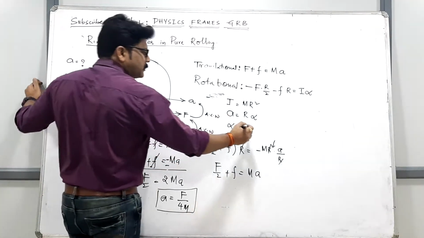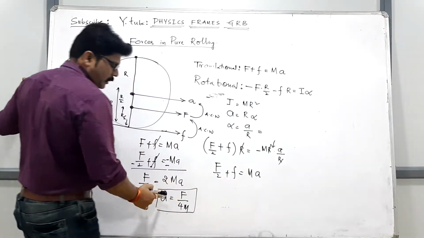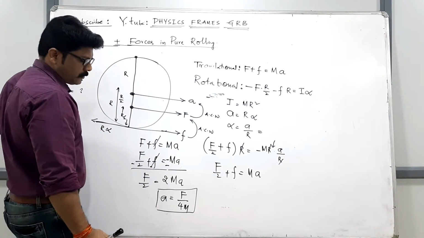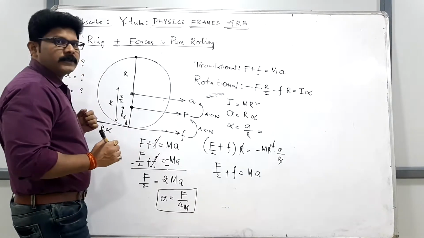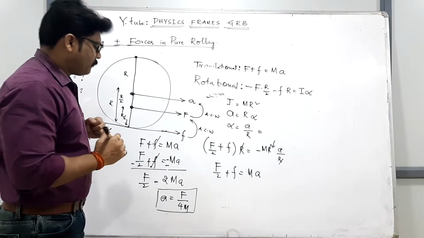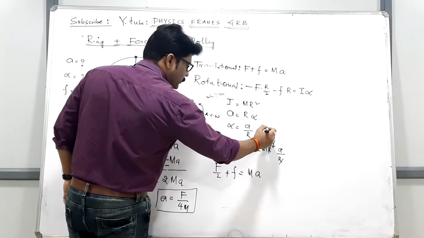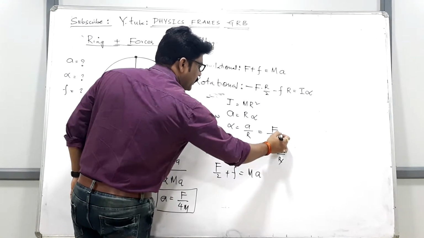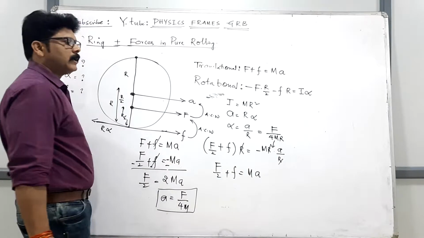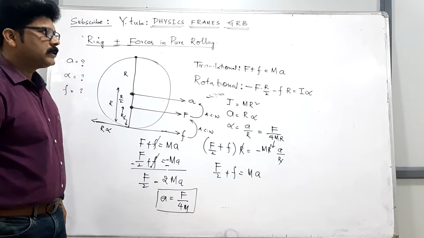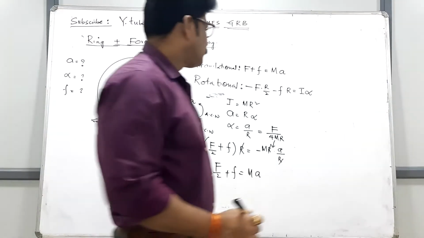Now what is the angular acceleration? If you substitute the value of A, F by 4M, then alpha is F by 4MR. Now we want to calculate the friction.